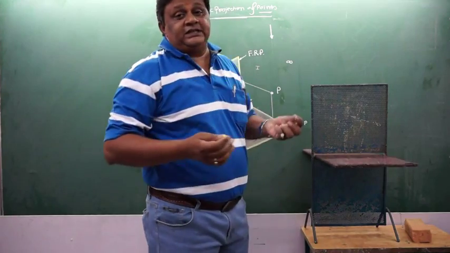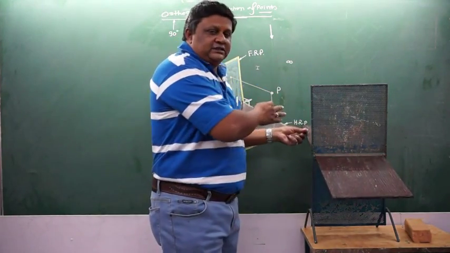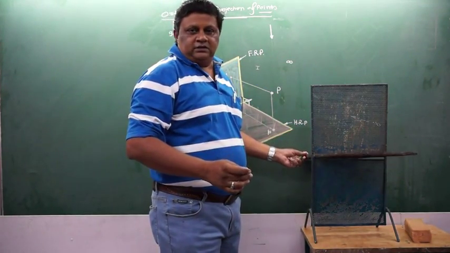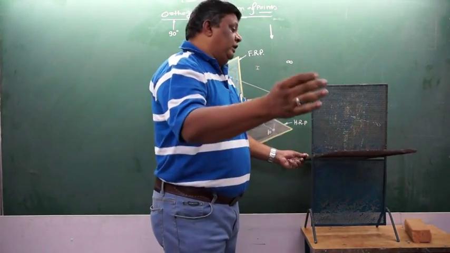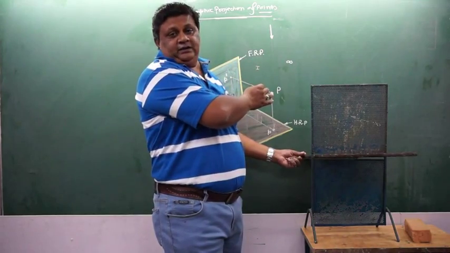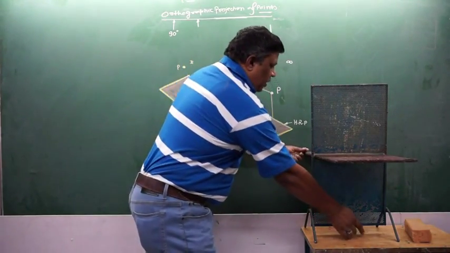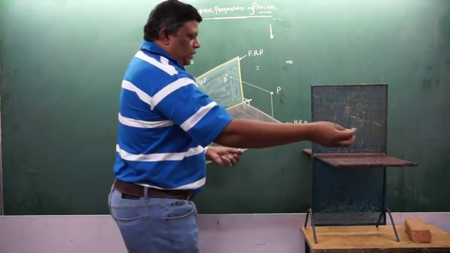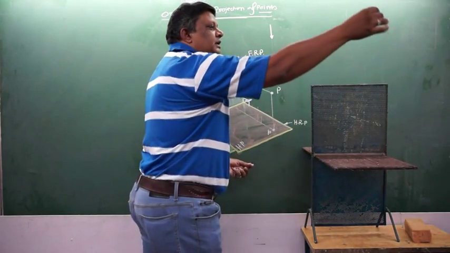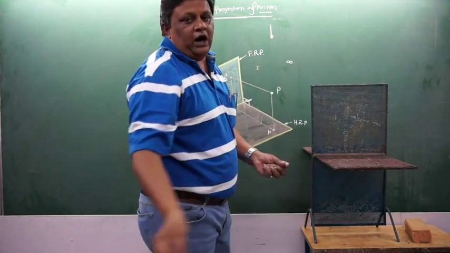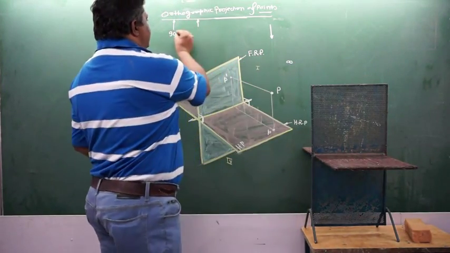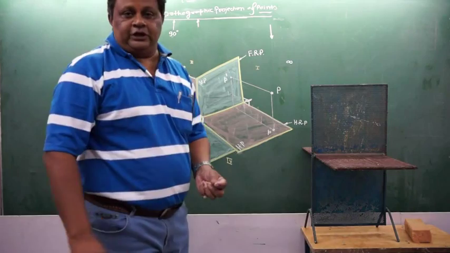Obviously, many of the students say, sir, we will come on this side. No, that is not the answer. You will remain on that side only. You will not move on this side. Because if you try to come on this side, then this is the angle which you are taking. This is totally 180 degrees and you are avoiding 90 degrees, that is orthographic projection.